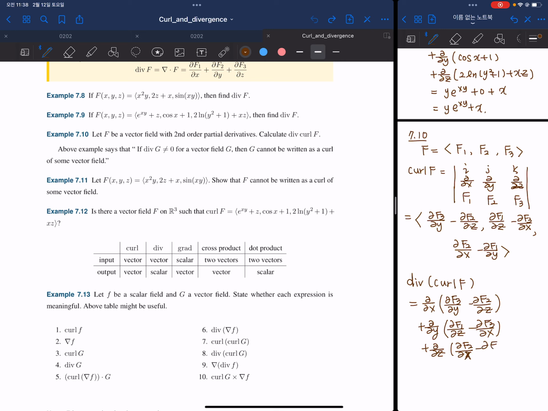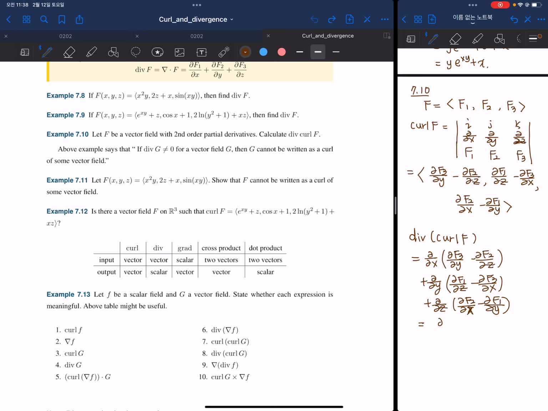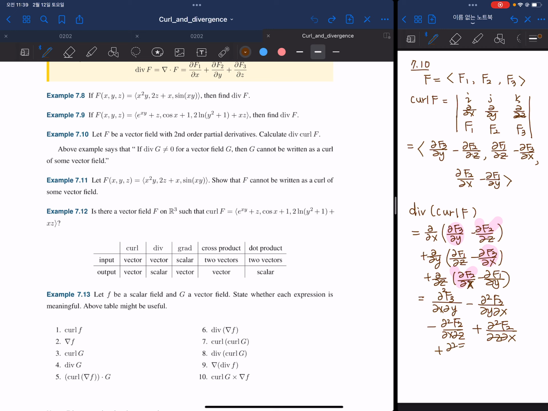So you get the mixed second partials of f3, f2 and f1, such as ∂²f3/∂x∂y minus ∂²f3/∂y∂x, and so on. They are all the same things cancelling, so it is just 0. So in example 7.10, the divergence of curl f is just 0.